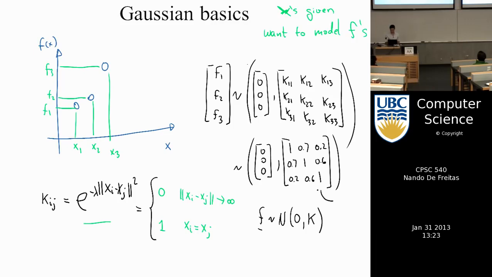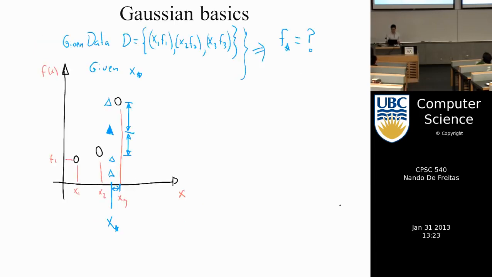I'm calling this matrix k. So f is distributed according to a Gaussian distribution in 3 dimensions, a trivariate Gaussian that has mean 0 and covariance k.